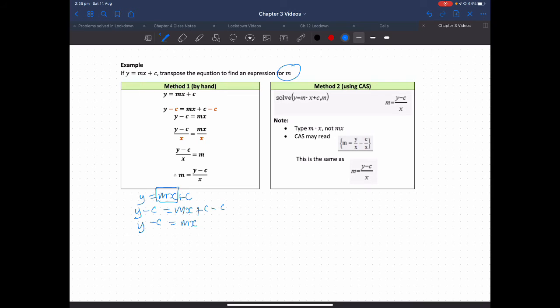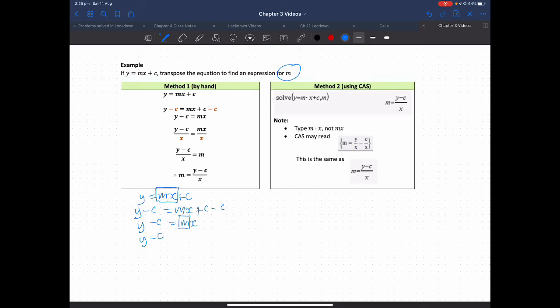Now, I need to get the m by itself. Mx means m times x. So the opposite to timesing by x is dividing by x. So I'm going to divide both sides by x.